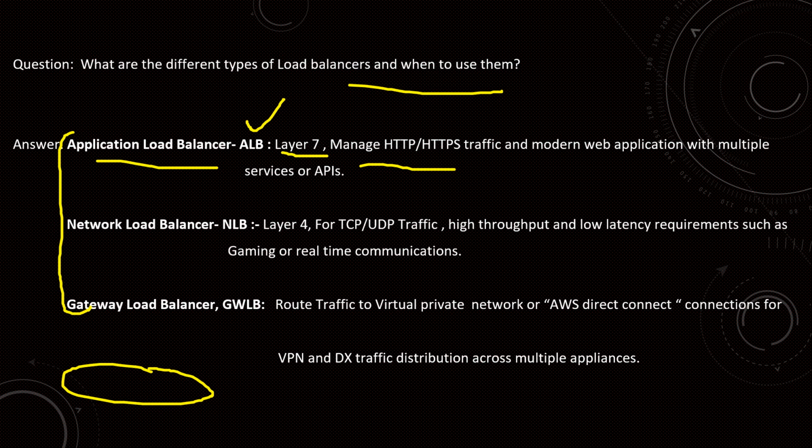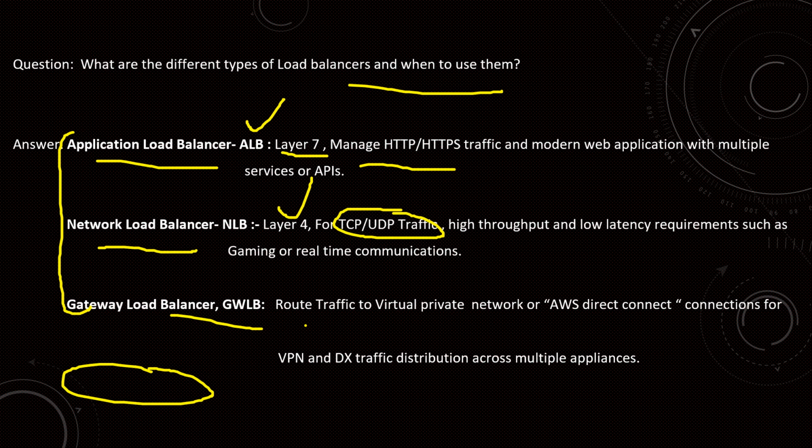Second is NLB, the Network Load Balancer, which comes under Layer 4. This NLB caters to TCP and UDP traffic with high throughput and low latency requirements, such as gaming or real-time communication. Next is the GWLB, the Gateway Load Balancer. It is placed in between devices.